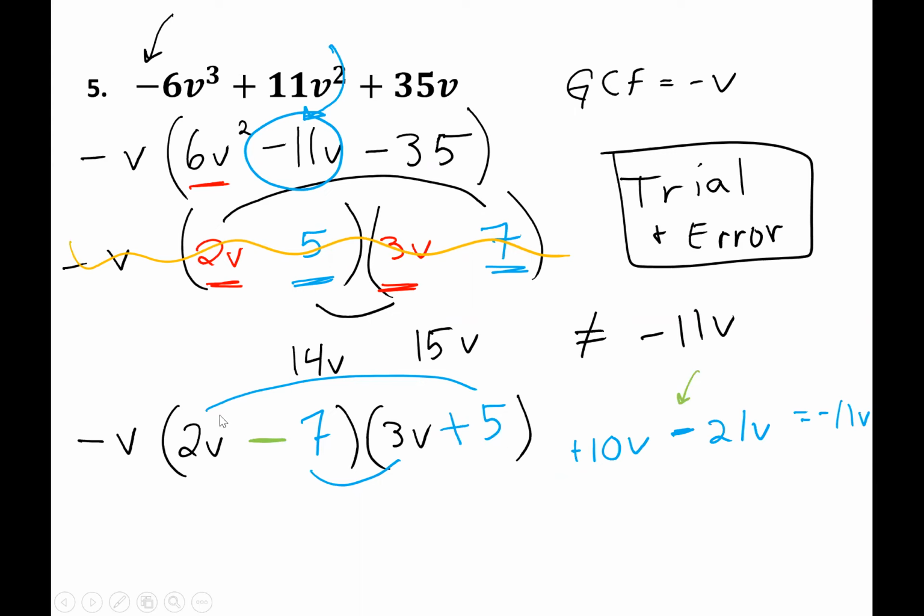And again, it's because when I FOIL, 2v times 3v, 6v squared, positive 10v minus 21v, that gives me that negative 11v in the middle that we needed, and then of course the negative 35 as well. Okay, so there we are with our final answer, and we're going to do one more problem.